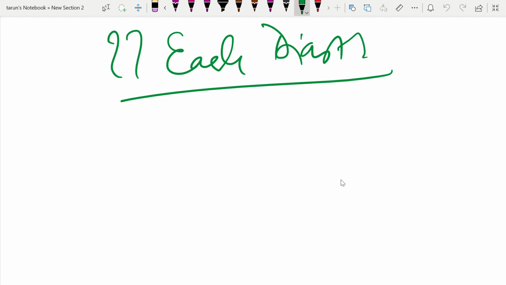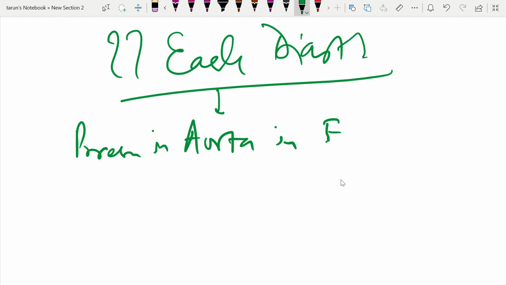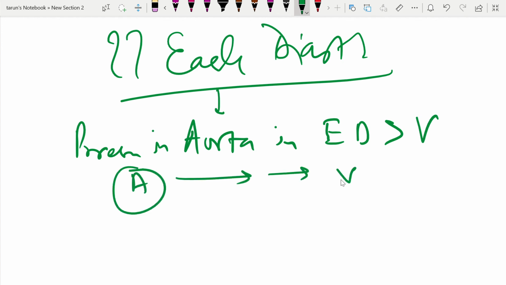In mid diastole, no leak is possible as the pressure in the aorta and the left ventricle is equal. So very simple, why are you getting the early diastolic murmur? You will say the pressure in the aorta in early diastole is more than in the ventricle, so the blood will move from the aorta to the ventricle.